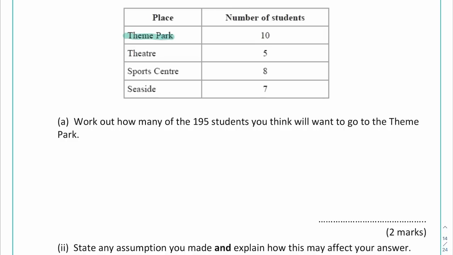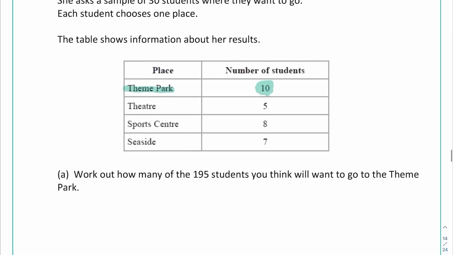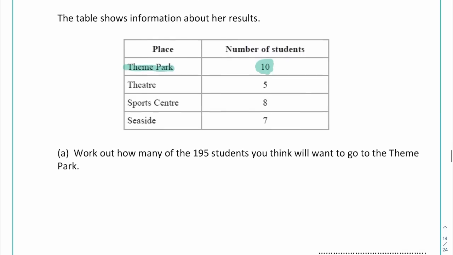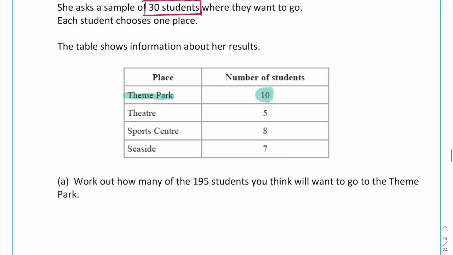Well, the theme park is just here, and there are 10 students in the sample that want to go to the theme park. We already know from the question the sample was 30 students. So in terms of looking at this as a proportion of the 195, 10 out of 30 students said that they wanted to go to the theme park. Now we need to work out that as a fraction of 195.